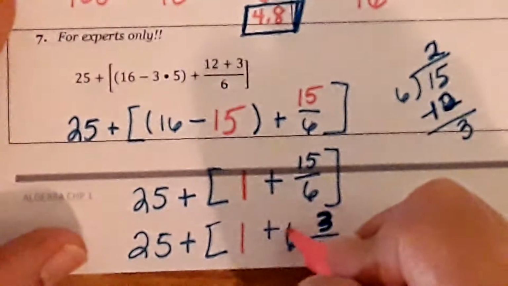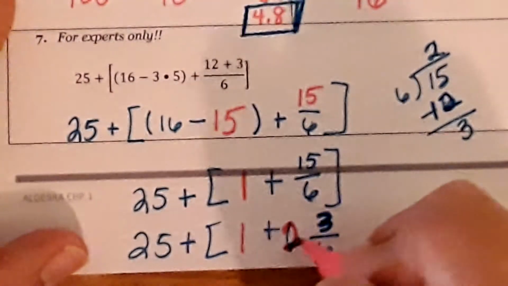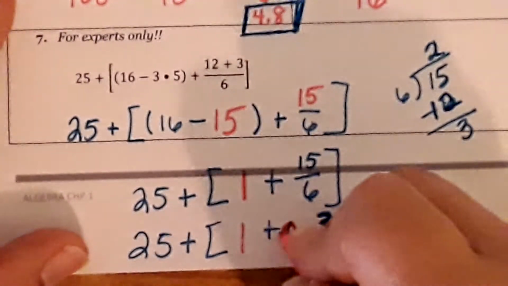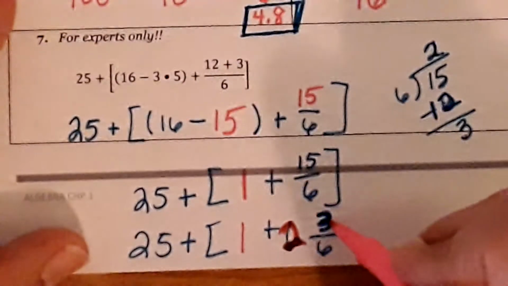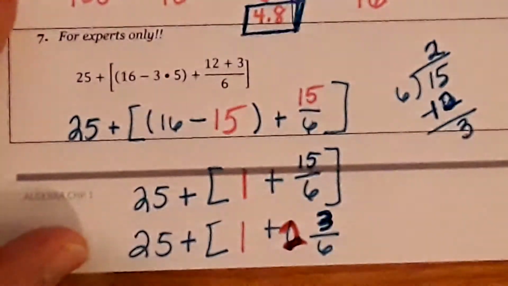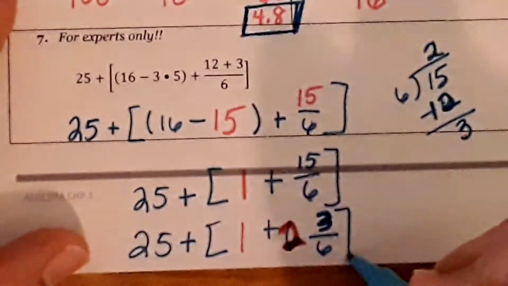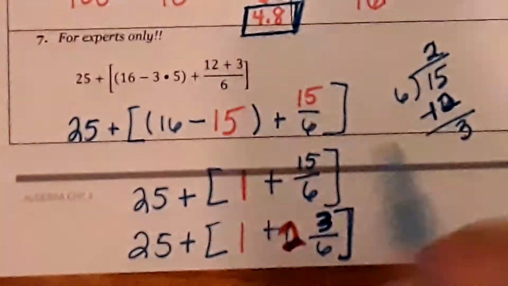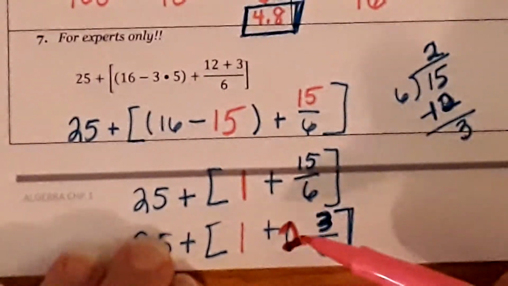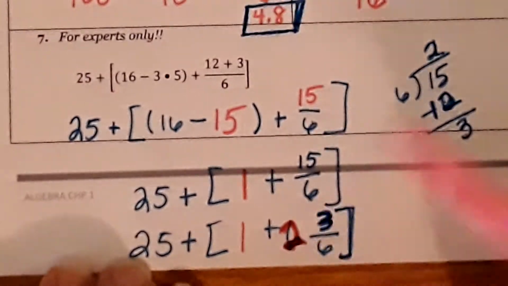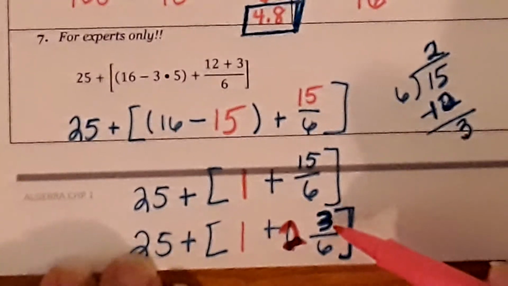You guys, I messed this up. Why am I messing this up? It's because you're not here with me. That's why. The 2 goes here. The 3 goes in the numerator. The 6 goes in the denominator. I know, you're like, Miss Flurry, you have ultimately confused me. So let's go over this again. The 2 becomes the big number, the whole number. The 3 that's left over becomes the numerator.